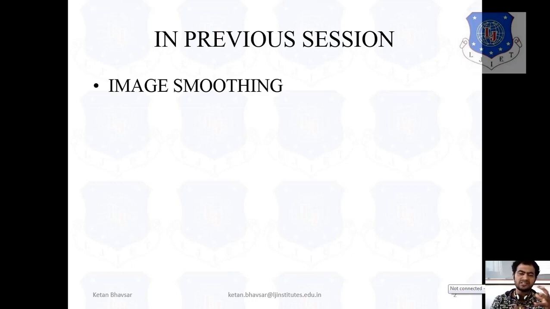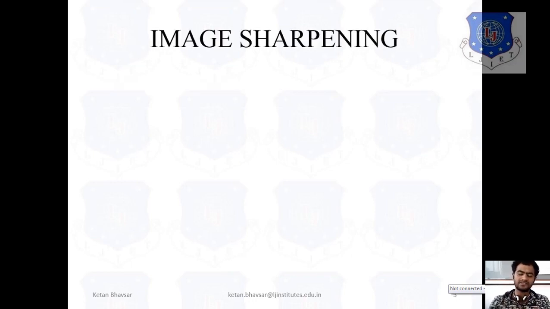In image smoothing, we discuss the low pass filter and work on the low pass content. When we work on image sharpening, we discuss the high frequency content, the high frequency data. So first of all, in image sharpening we consider high pass content and we are dealing with the high frequency content.